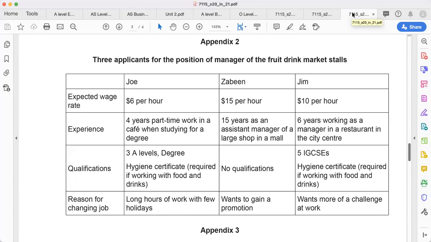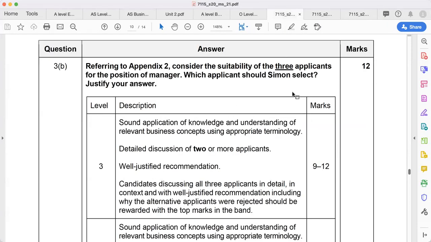And I'm also preferring Zabin over Jim because Jim has 6 years of experience working in a restaurant in the city center. So you have compared both with the candidate you are selecting, then only you are scoring full level 3 marks.